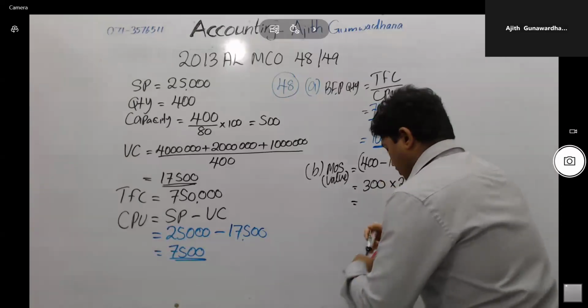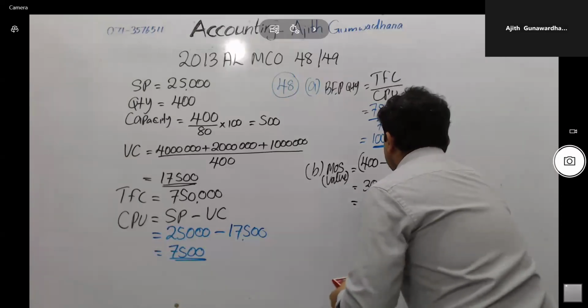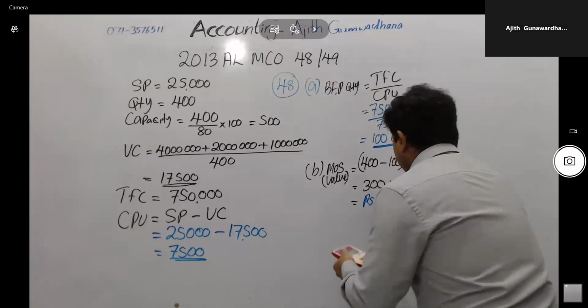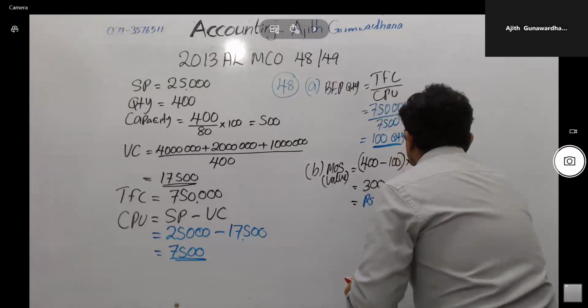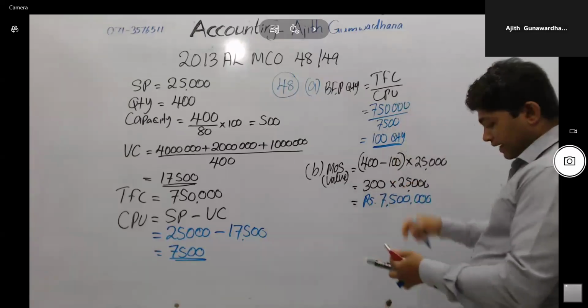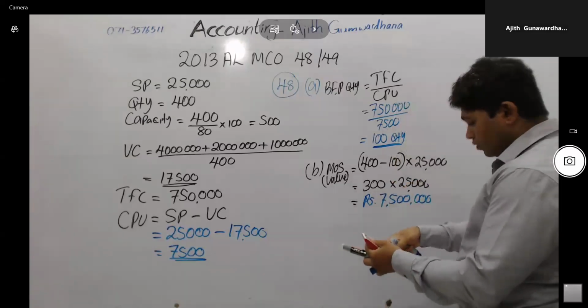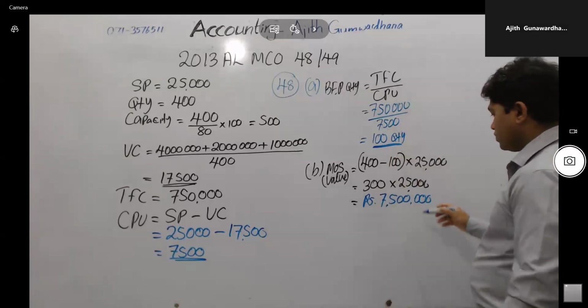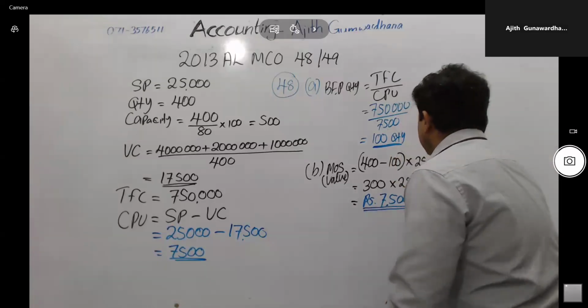Therefore, the value in rupees is 7.5 million. So this is the margin of safety value. This is the part B answer.